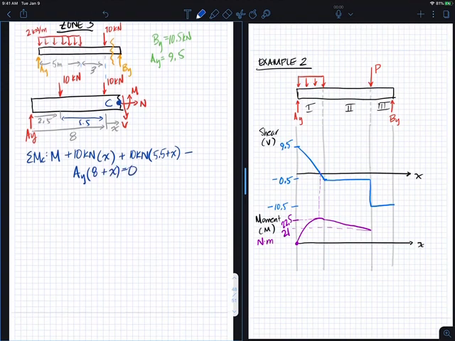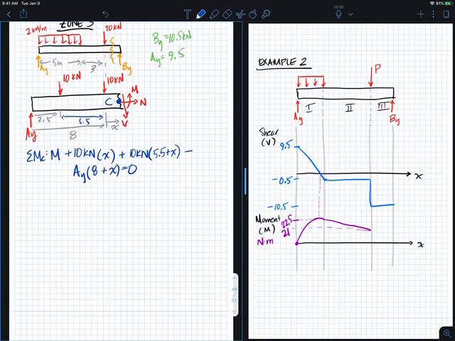And so now if I just do all the algebra, I'll write out all the steps. So I have M equals 9.5 kilonewtons. I'm going to start with the AY term, 8 plus X, because I know AY is equal to 9.5. We've already defined that. Minus 10 kilonewtons times X. Distribute out the 55, minus 55 kilonewton meters, minus 10 kilonewtons times X again.